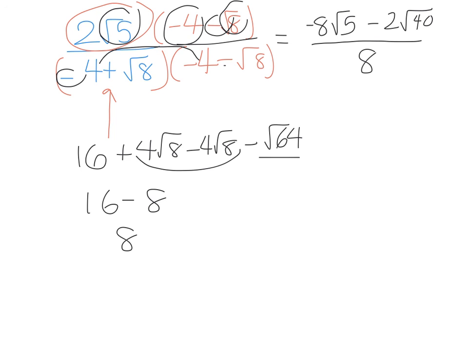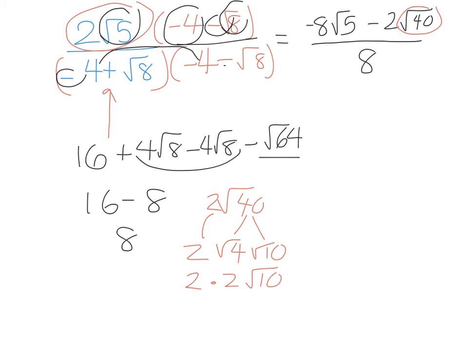This one has another step because rad 40 can be simplified. So that minus 2 rad 40, let me just think of it as, we know there's a minus in between, and I'm simplifying 2 rad 40. So I'm going to bring down the 2. Rad 40 is rad 4 times rad 10. So that's 2 times 2 times rad 10, which is 4 rad 10.